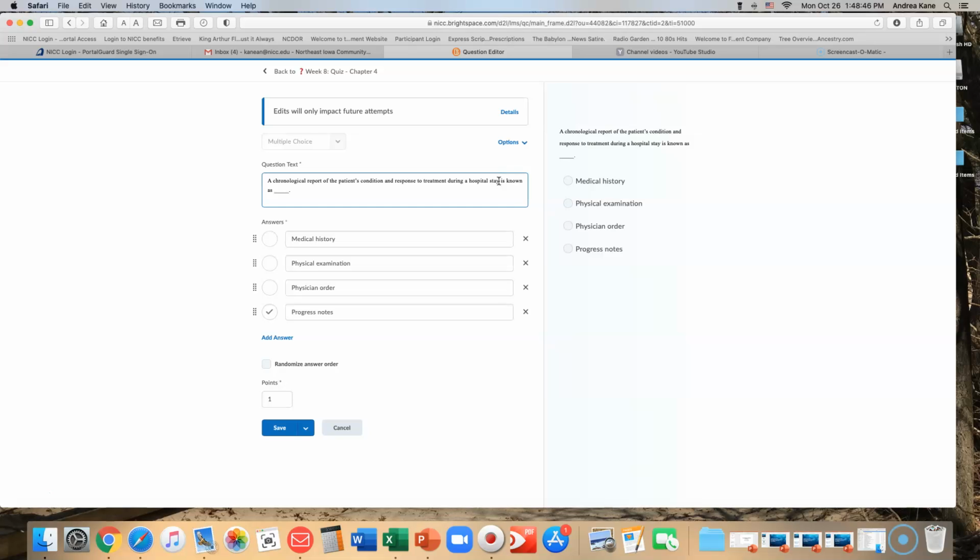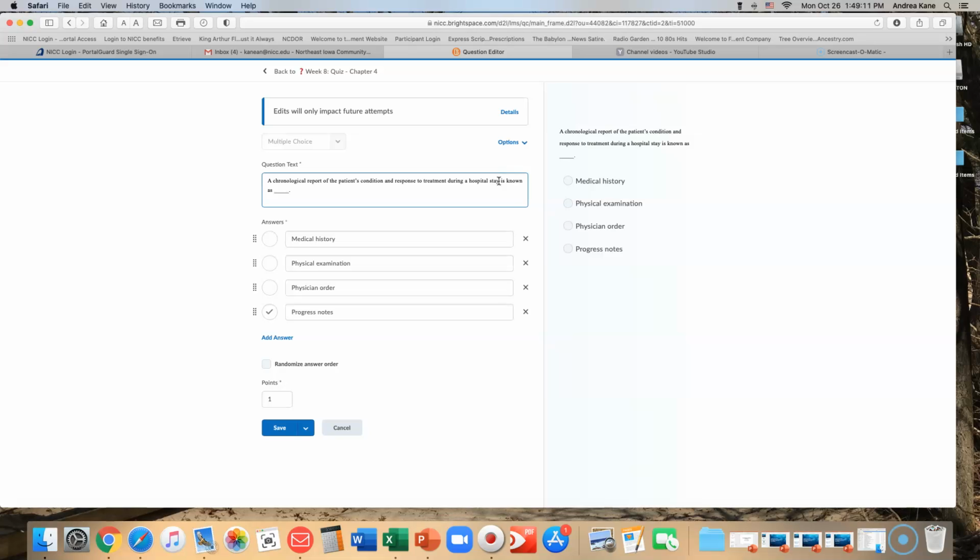Not according to our handy dandy book here. If you're looking at page 104, it talks about the medical history portion of clinical data addresses the patient's current complaints and symptoms and describes his or her past medical, personal, and family history. Okay, so you know it can't be medical history based on the question text.